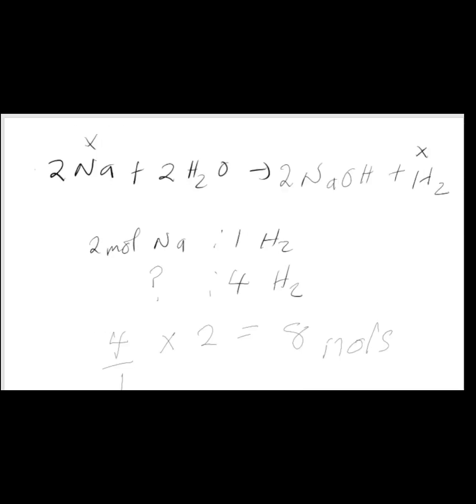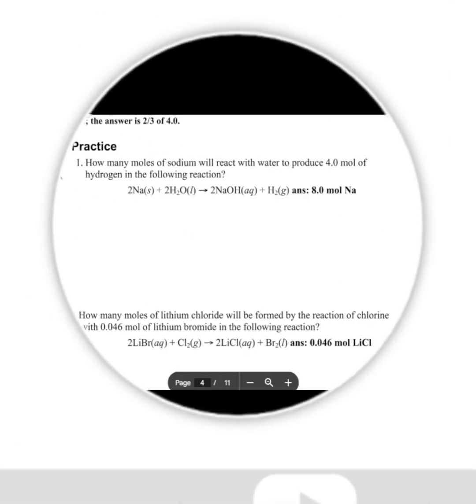Okay, so let's go on and see if you can get the next one right. The next one is saying, how many moles of lithium chloride will be formed by the reaction of chlorine with 0.046 moles of lithium bromide in the following reaction? So before you do anything, every time you must write down the equation.